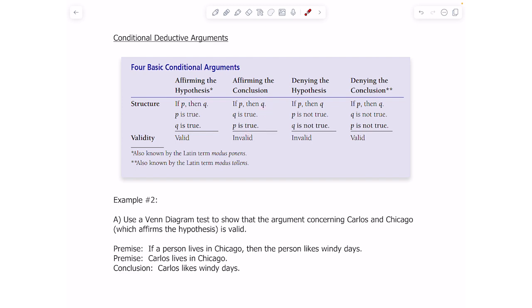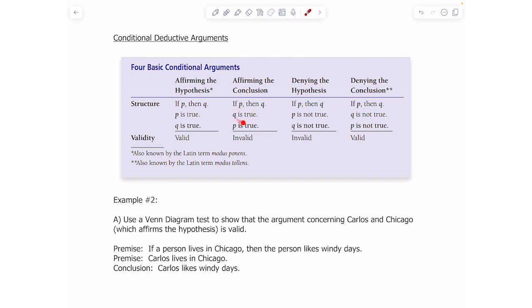If I said something like, if I go snorkeling, then I go to the Bahamas, right? So I went snorkeling is true, and then I go to the Bahamas. So that would be valid because I did go snorkeling, and in order for you to go to the Bahamas, you have to go snorkeling first. Okay, so why would this be an invalid argument? So same statement, if I go snorkeling, then I go to the Bahamas.